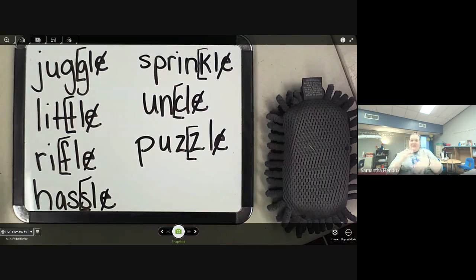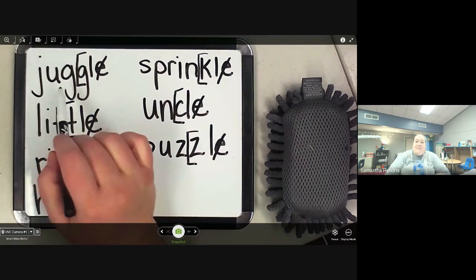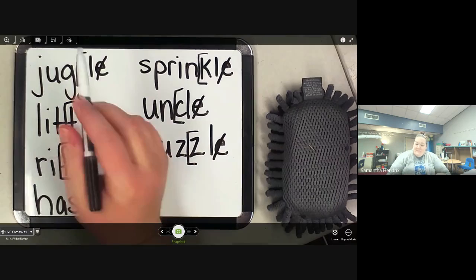So let's finish coding. So we have coded our final stable syllables. So now remember, we code the vowel for the syllable that it is in, not for the whole word. We're getting higher up, okay? Our words are longer. Our words have more syllables. So you code the vowel for the syllable it is in, okay?